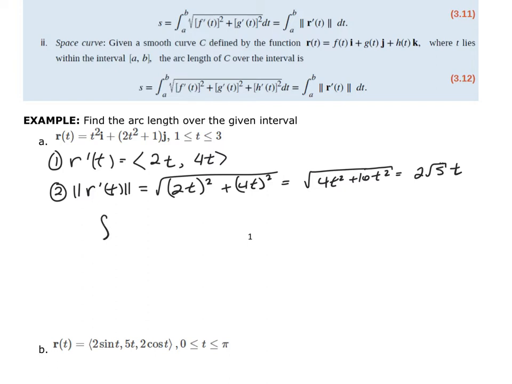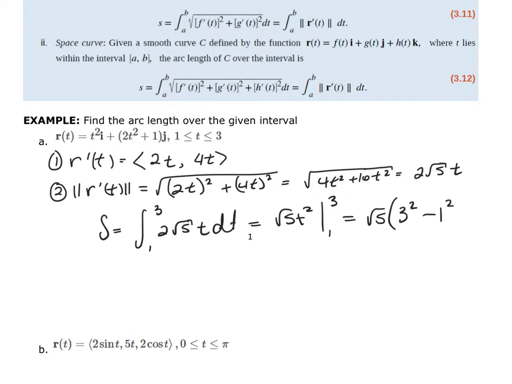So my arc length s is going to be the integral from 1 to 3 of 2 root 5 t dt, which gives me the square root of 5 times t squared from 1 to 3, the square root of 5 times 3 squared minus 1 squared, and 9 minus 1 is 8. So my final answer is 8 root 5.